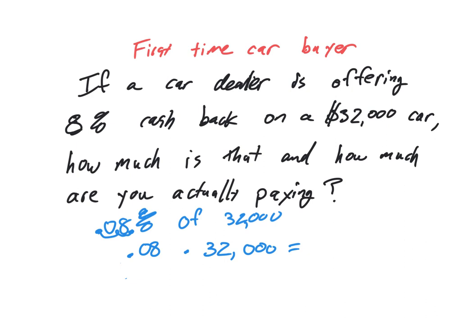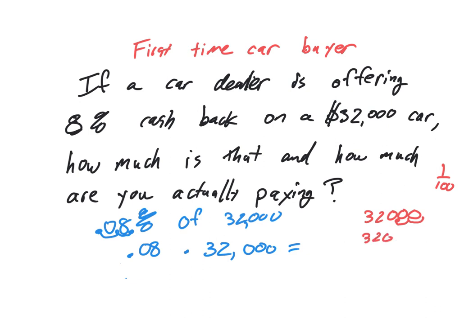Now, another way to think about this is this. 1% is a number you can find very easily. If I have $32,000 and I want to take 1% of that, 1% is 1 out of 100, and 100 is 2 decimal places, so I go 1, 2, and it's $320.